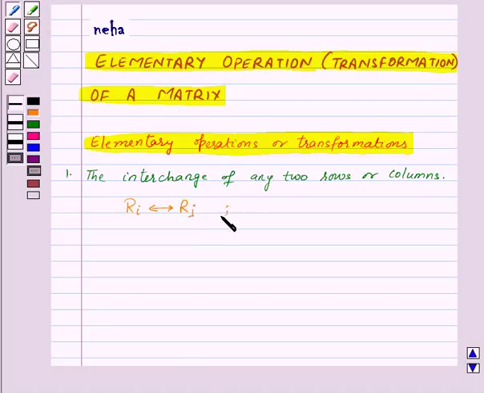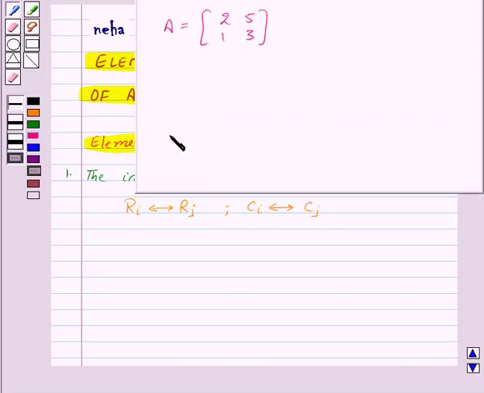Similarly, if we want to interchange ith column with jth column, then we will write it symbolically as Ci interchanges with Cj. For example, if in this matrix we want to interchange R1 with R2, then we will get the matrix A as 1, 3, 2, 5.